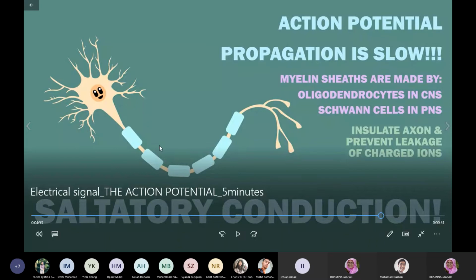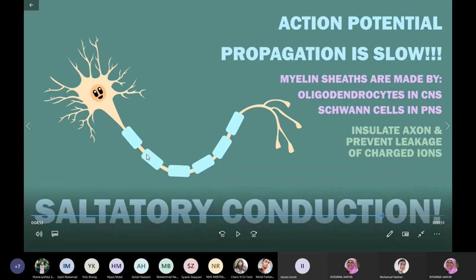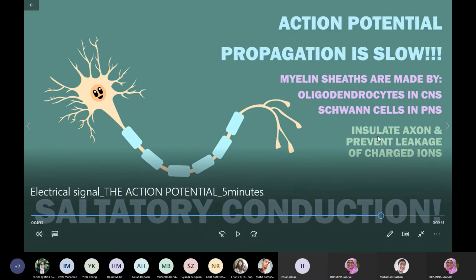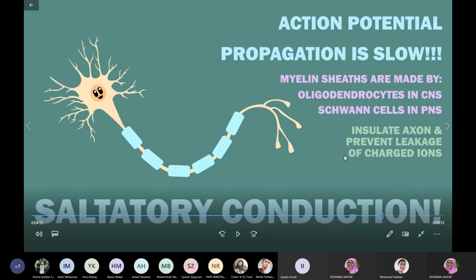If there is no myelin, the charges have to move part by part throughout the nerve, so it becomes a very slow movement. So with the presence of the myelin sheath, it can facilitate the action potential conduction, or the impulse propagation.